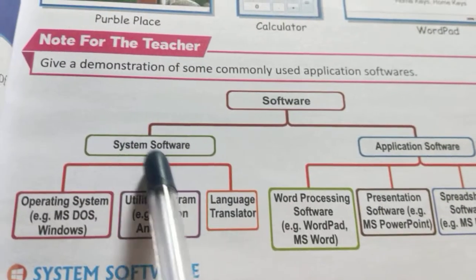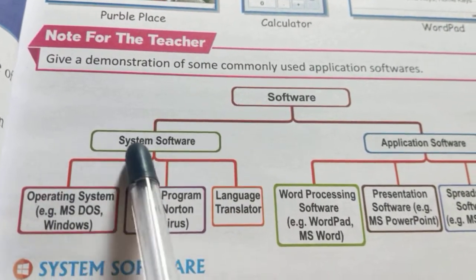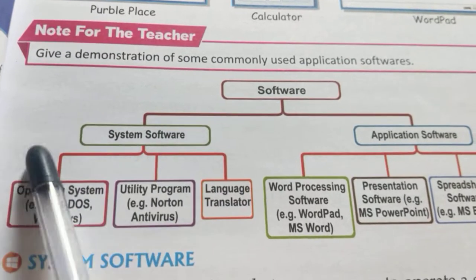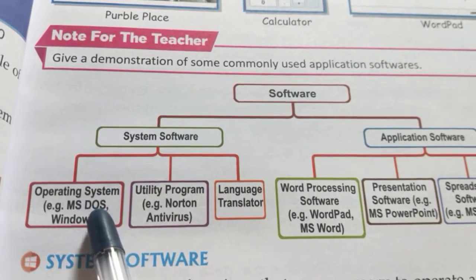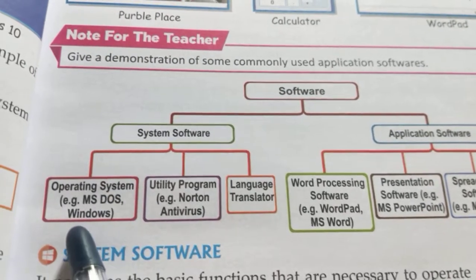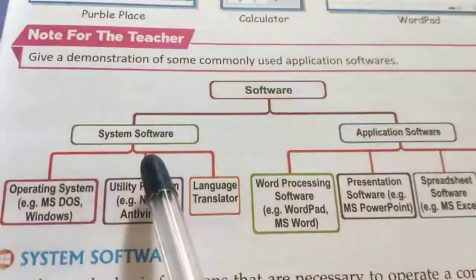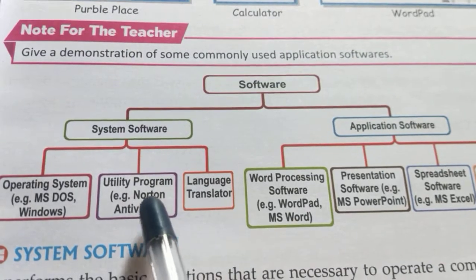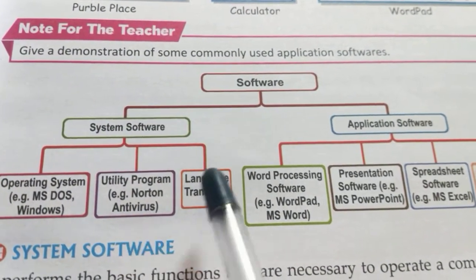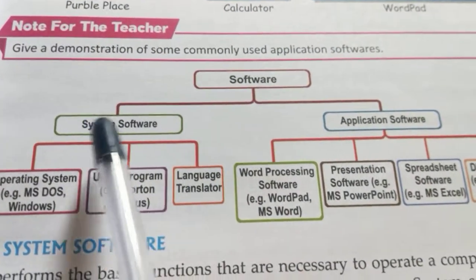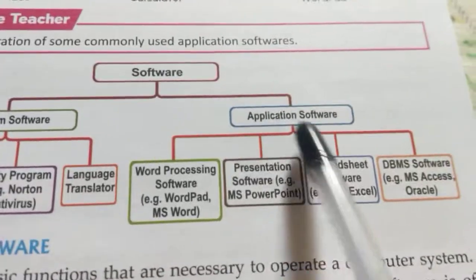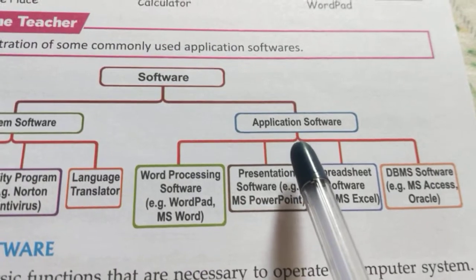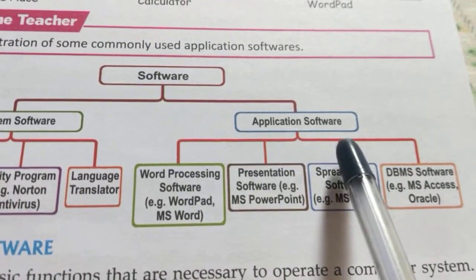Now system software is divided into three branches: operating system, example MS DOS and Windows. Utility program, Norton antivirus, language translator. These are the examples of system software.